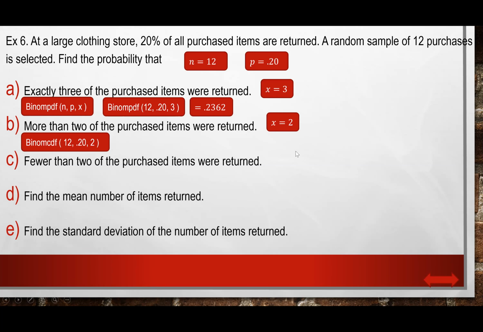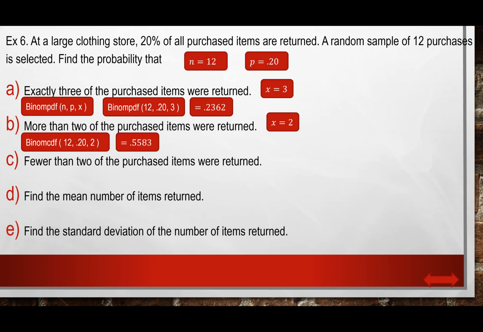If you remember your number line back then, because 2 is not more than 2, all I need to do is tell my calculator to calculate the accumulation of the 0, 1, and 2.